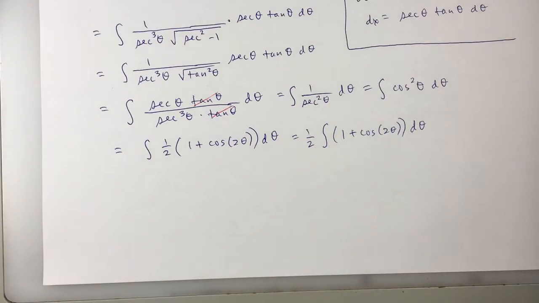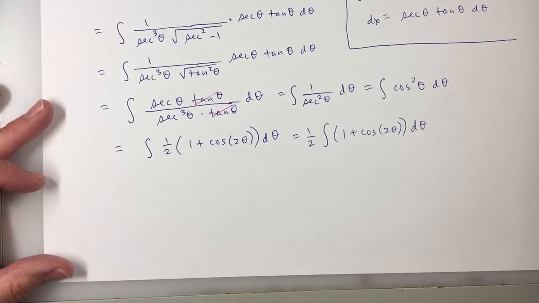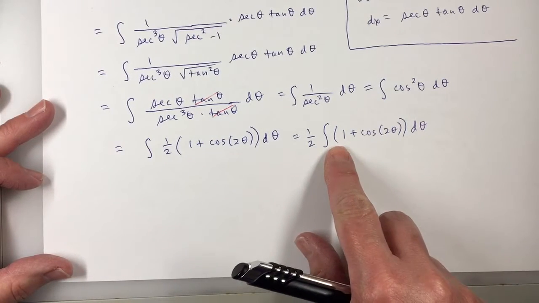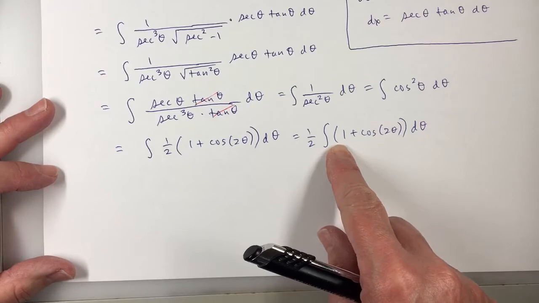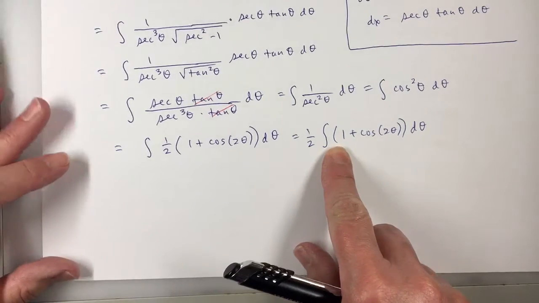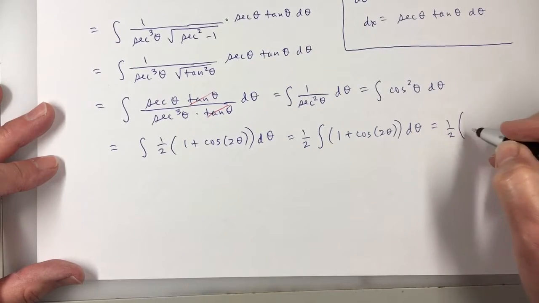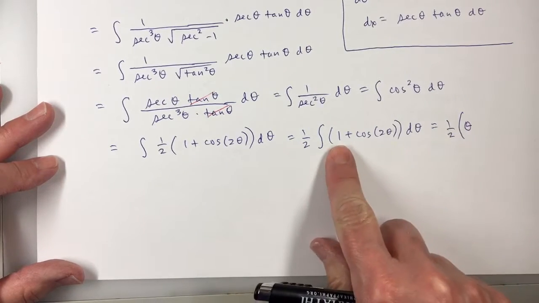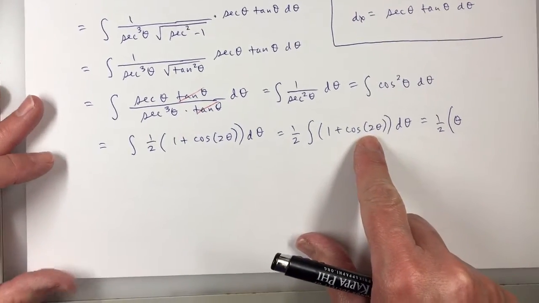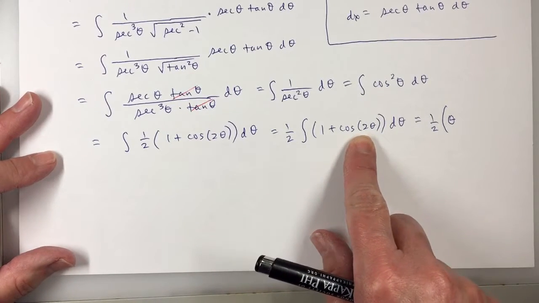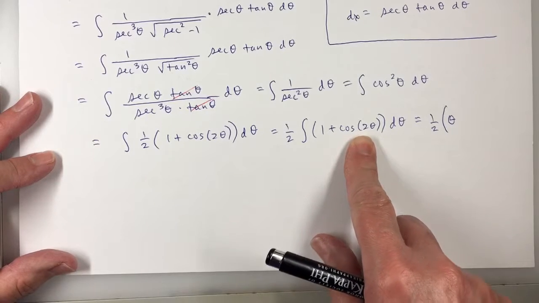That's really two separate integrals. You could write it as two separate integrals, or maybe you're comfortable just saying, well, I know what to do with this here. And the integral of 1 is going to be theta. So I'm going to put the 1/2 on the outside. The integral of 1 is theta, and the integral of cosine 2 theta, that's really a u substitution.